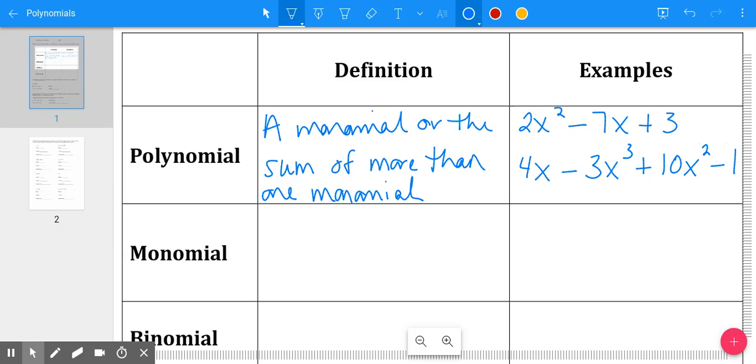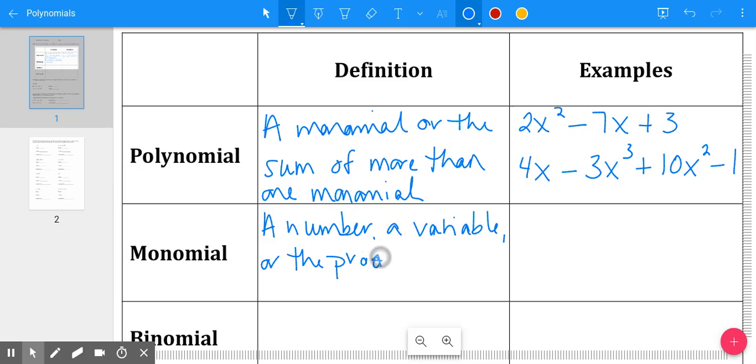And just as a quick refresher, when we talked about monomials last unit, a monomial by definition is a number, a variable, or the product of a number and variables.